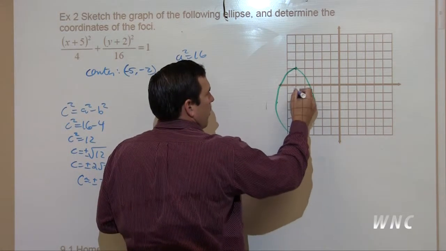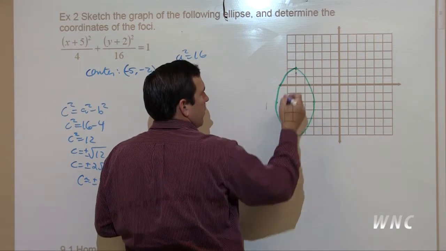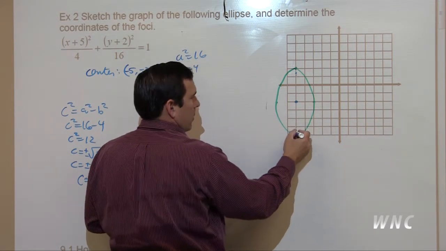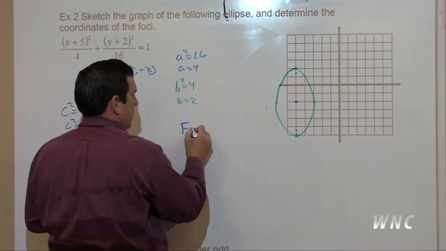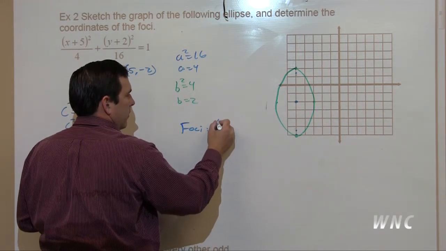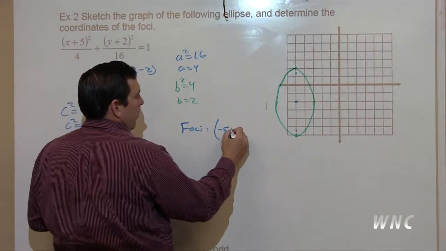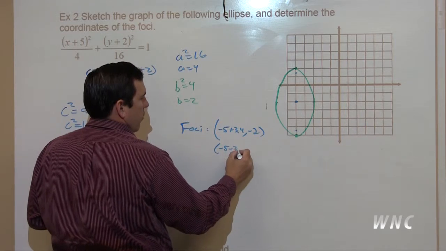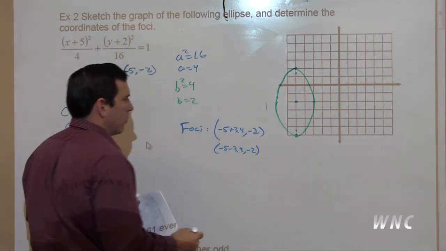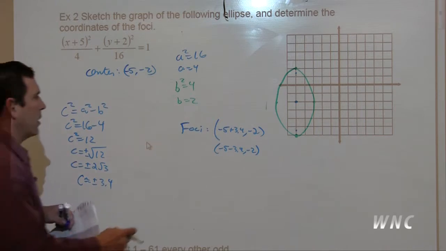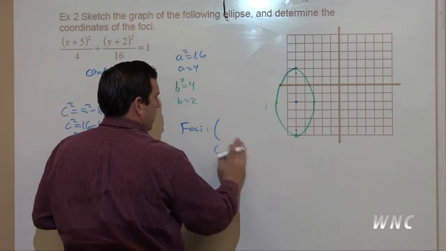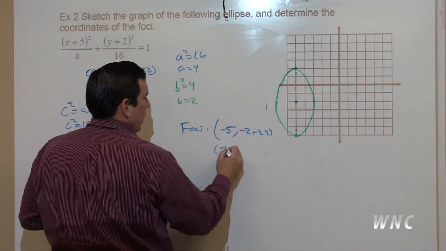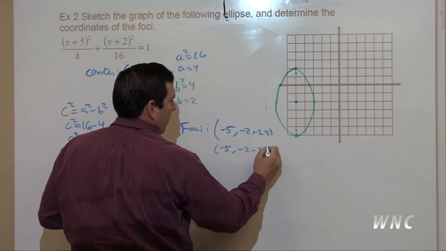So we're going to go up 1, 2, 3, 3.4 is up here. Down 1, 2, 3, 3.4 down is that far. So our foci are going to be located at... No, I'm sorry, I did that backwards. (-5, -2 + 3.4), (-5, -2 - 3.4).